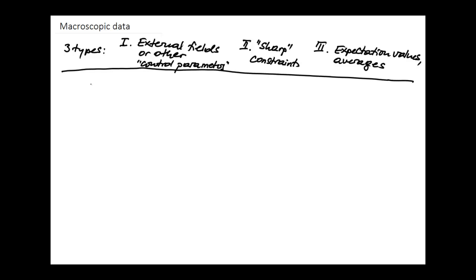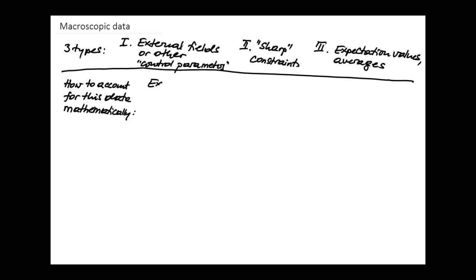So we can ask in all three cases how we should account for these data mathematically. In the first case, when we have a control parameter, this means mathematically that some or all relevant observables that you have in the system, in particular the Hamiltonian, will have an explicit dependence on your control parameter.